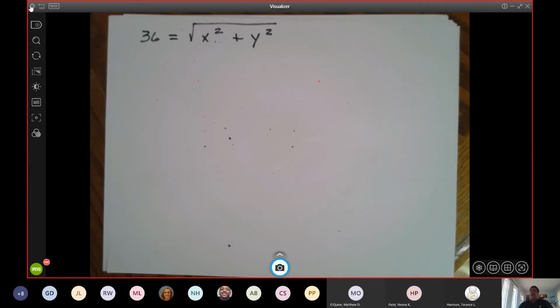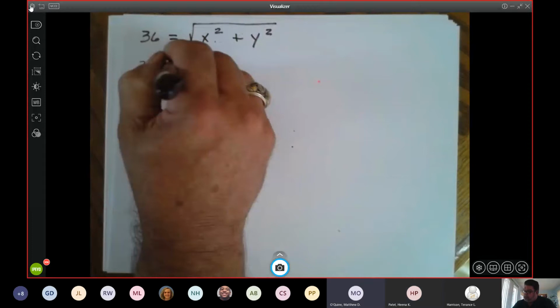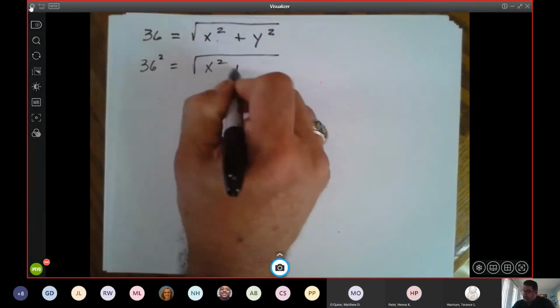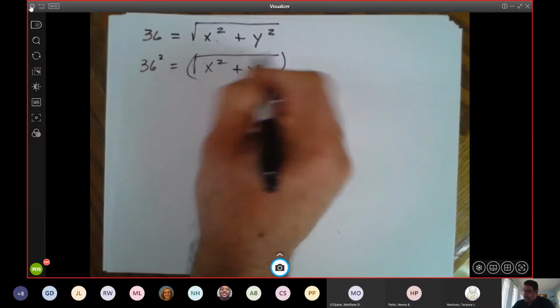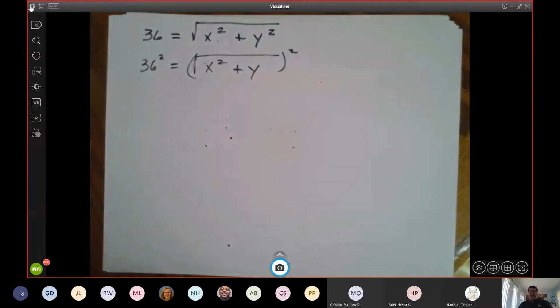How do we start this problem? Rewriting it. Rewriting it. Good job, because radicals and calculus do not mix. 36 squared is equal to this squared. Now, I could care less what I get on the left-hand side because it's going to be a what?